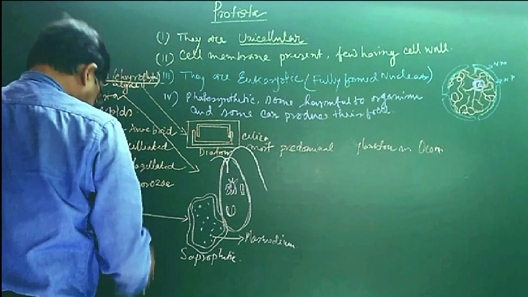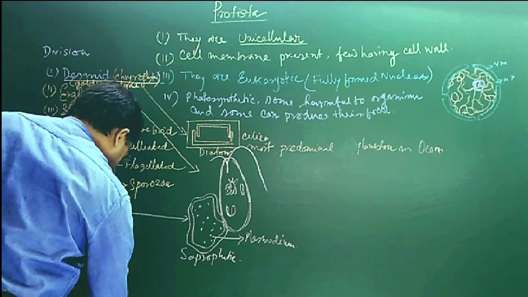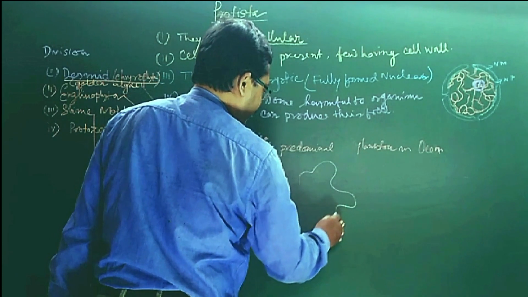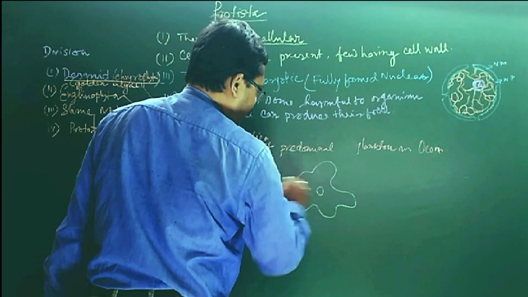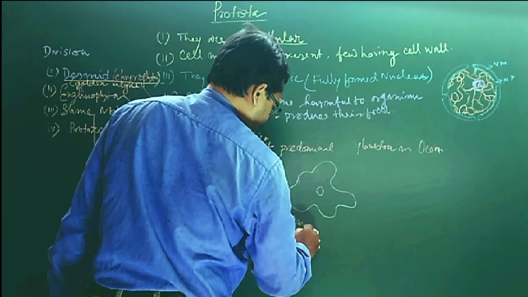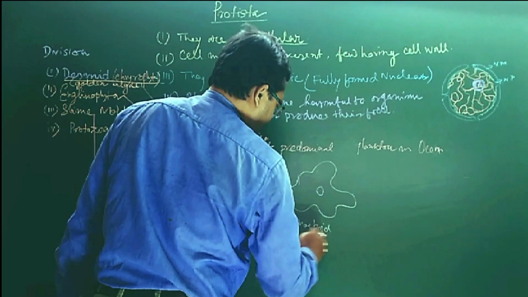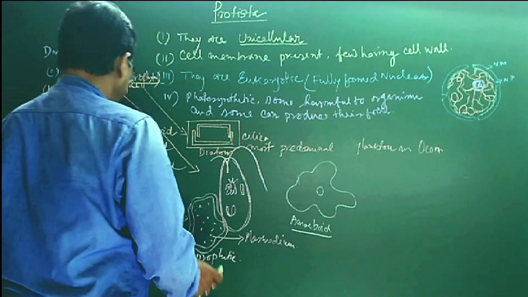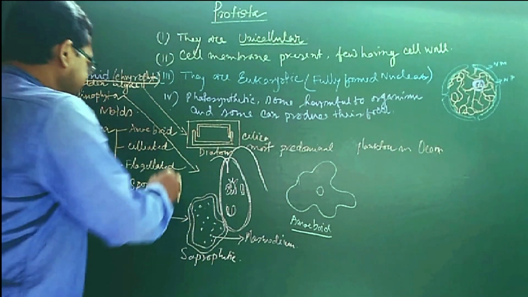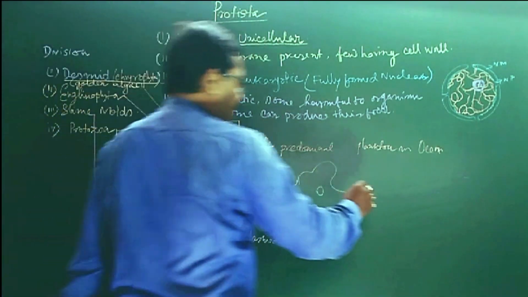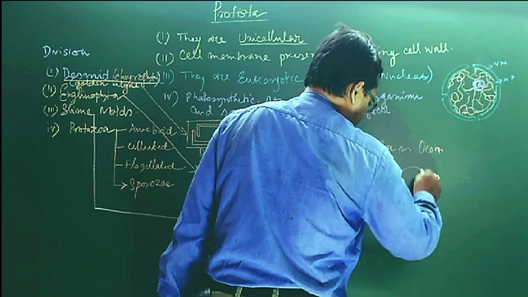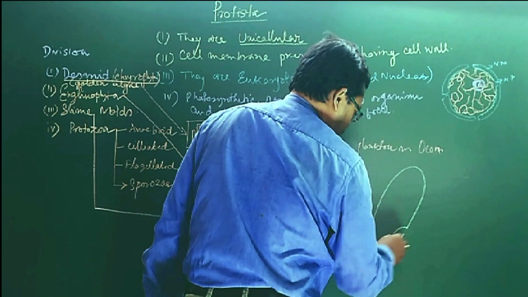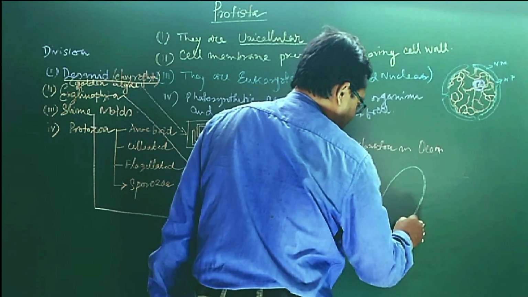Then the protozoa. Protozoa are of different types. There are the amoeboid protozoa, for example amoeba or entamoeba. Then ciliated protozoa, the slipper animalcule, also the paramecium.